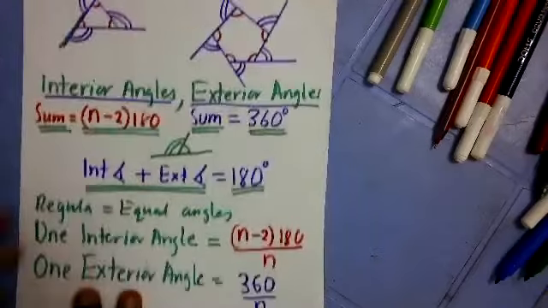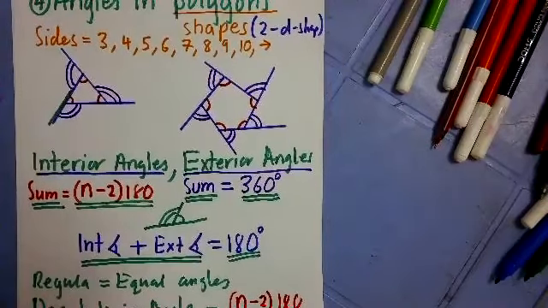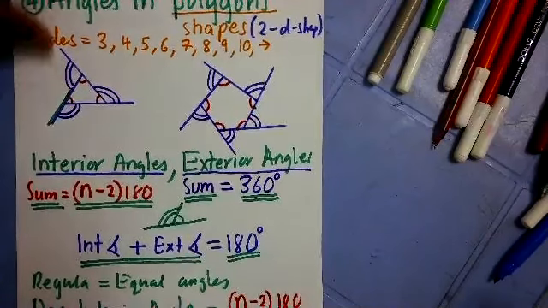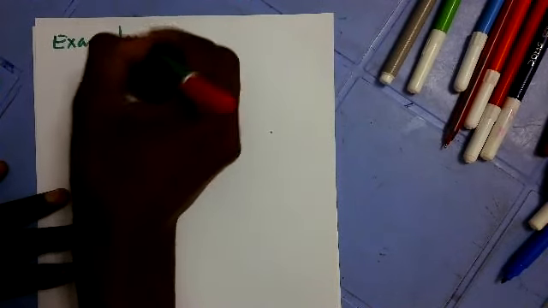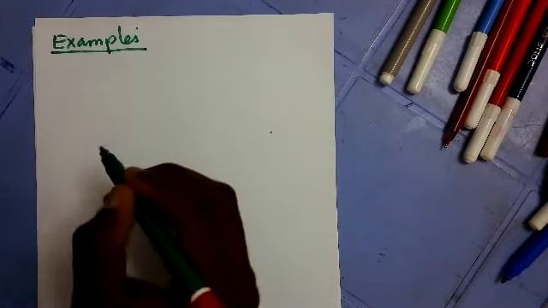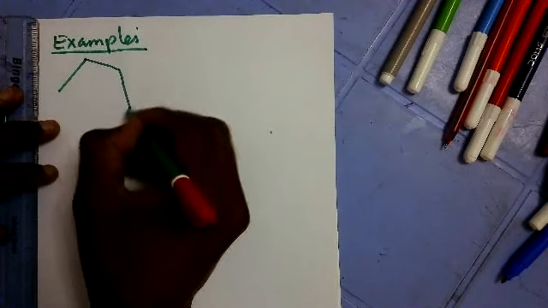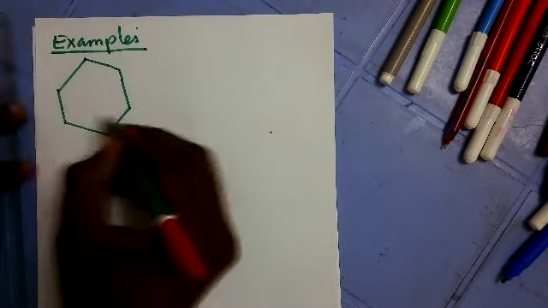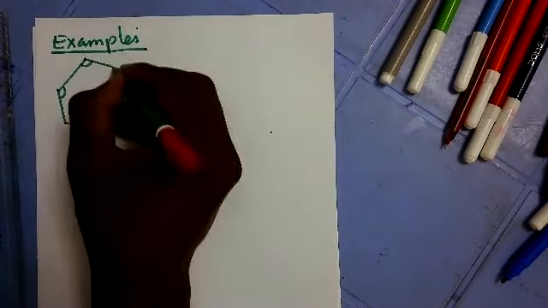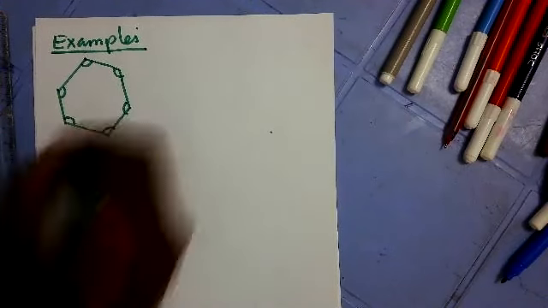Okay, let's see examples when we are dealing with angles in polygons. So when you have angles in polygons, there we go. We have examples. Okay, I can say here, if I have a shape like that one, I have 1, 2, 3, 4, 5, 6.